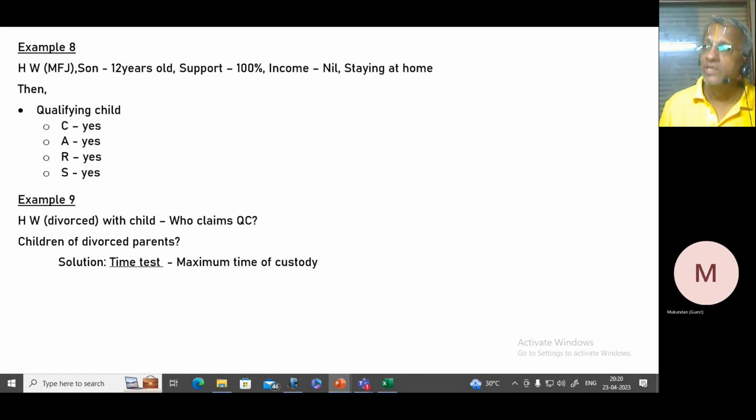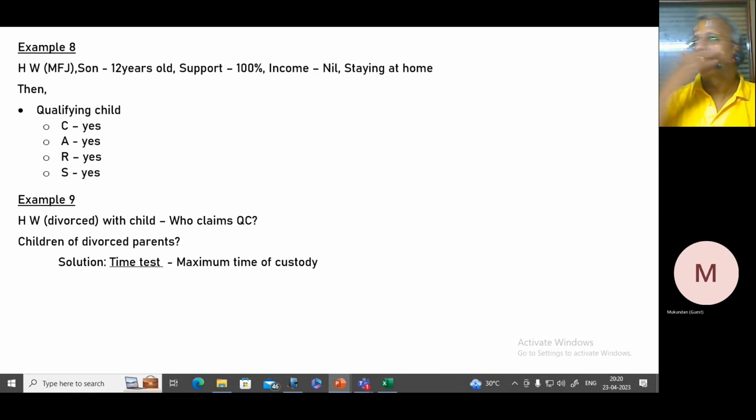However, you just find between the two, if husband is having that greater amount of income, but still he wanted to allow his child to be taken up as qualifying child by the wife or ex-wife, he can allow that.